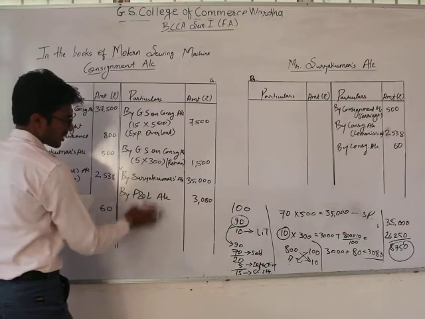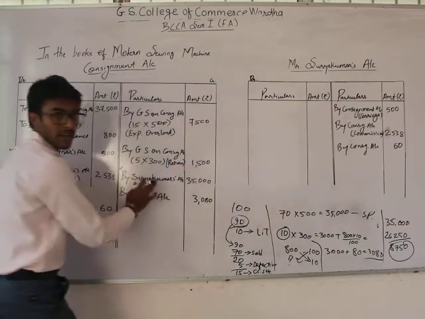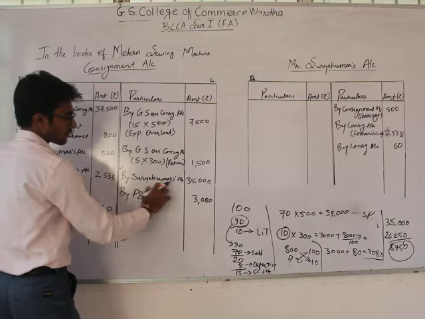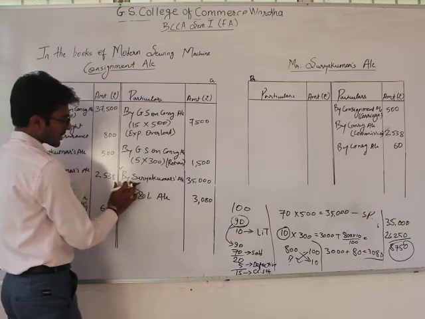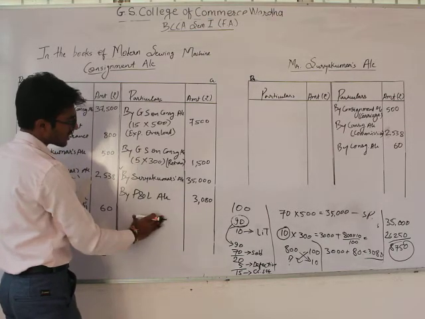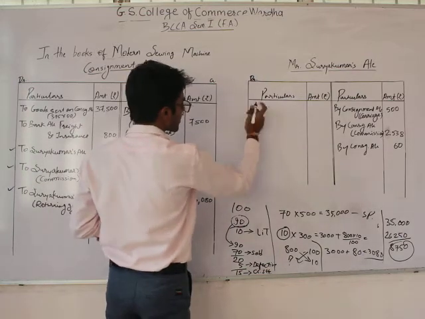This is the debit side for this and credit side for this. By Surya Kumar's account, this is credited, this has been written in credit side, that's why we have to write it on the debit side.